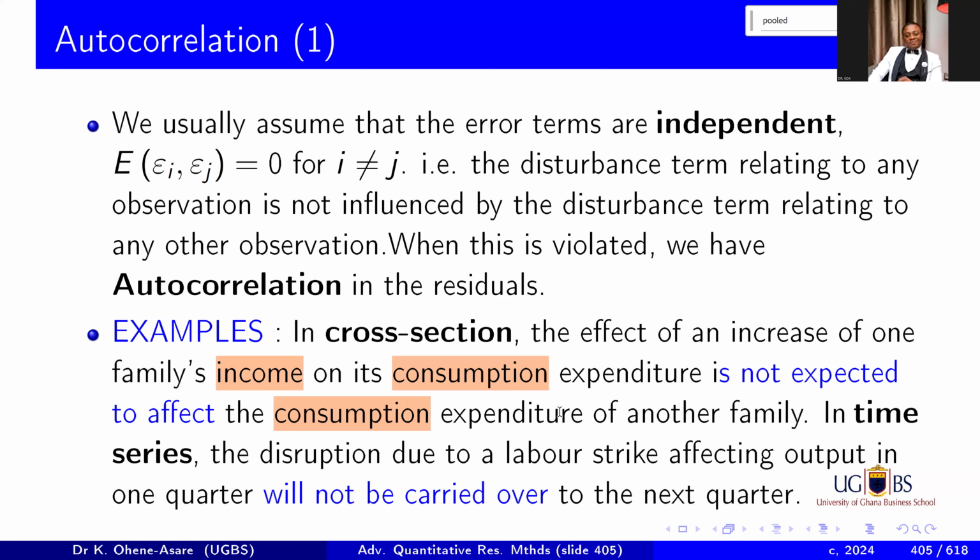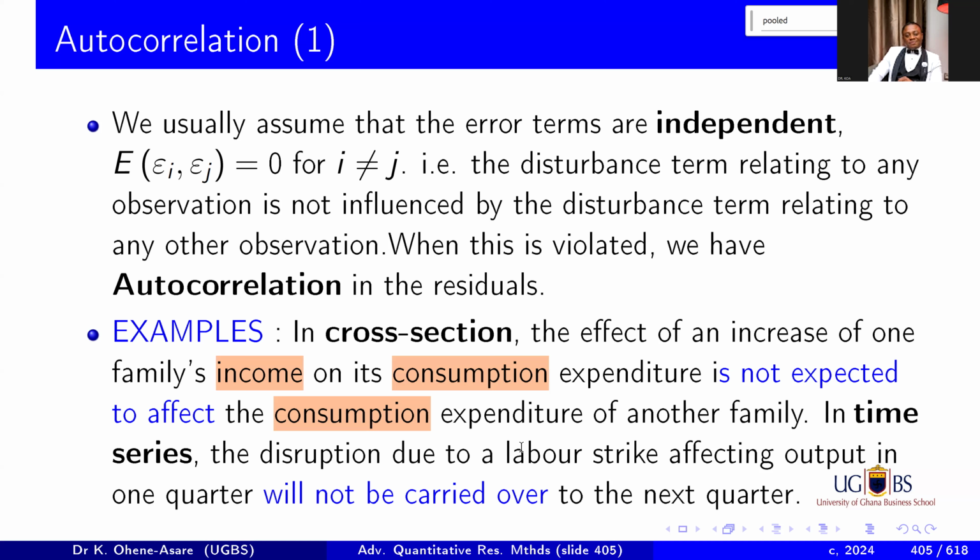Time series autocorrelation is when there's a disruption. Let's say that there's a labor strike. The labor union has gone on strike and it's affecting a quarter of the company's production level. Maybe between January and March there was a strike and profit came down significantly.